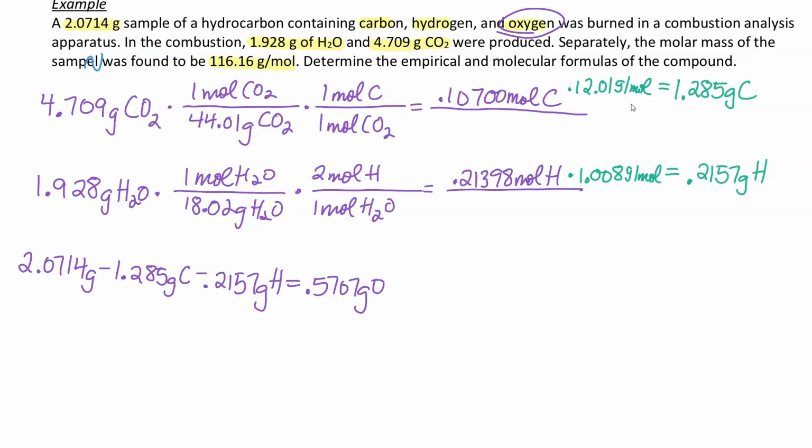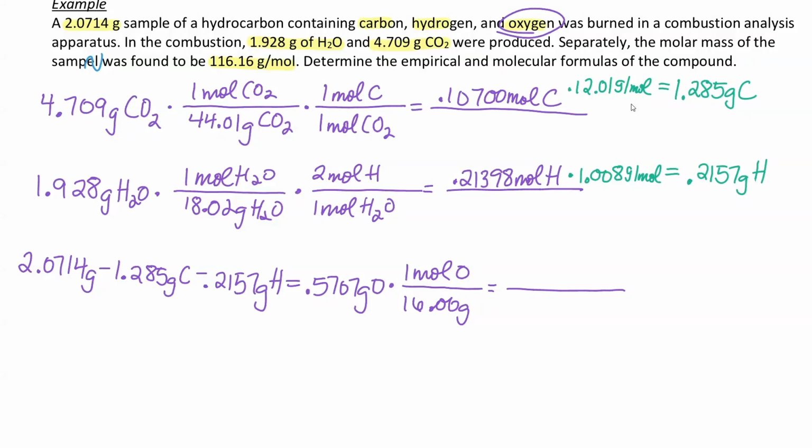I don't need a mole ratio to figure out how many moles of oxygen I have in a compound because we've already separated it out from the compound. So all I need here is to turn this into moles by using the molar mass of oxygen, 16.00 grams.